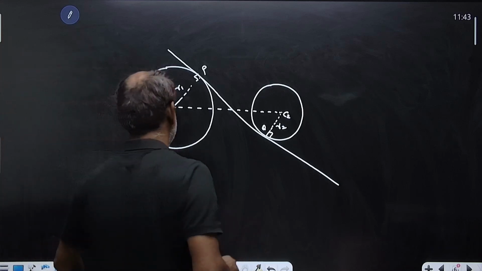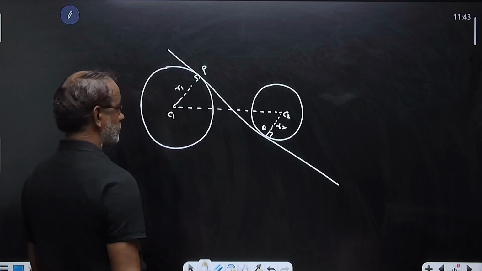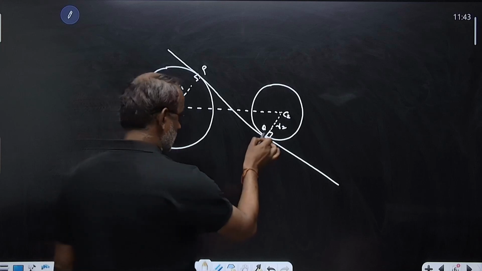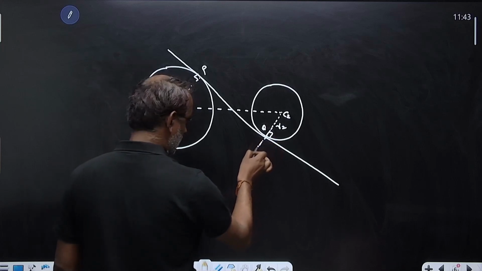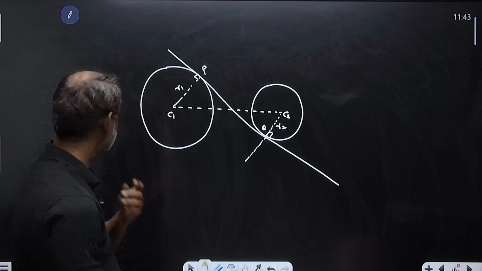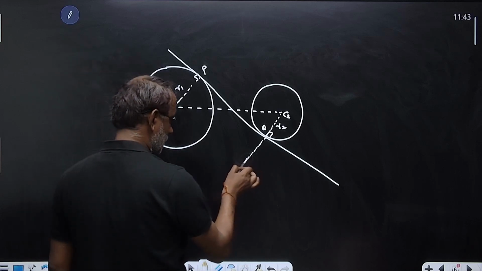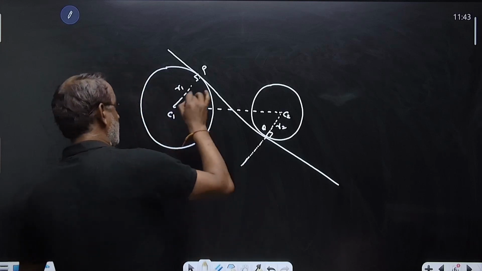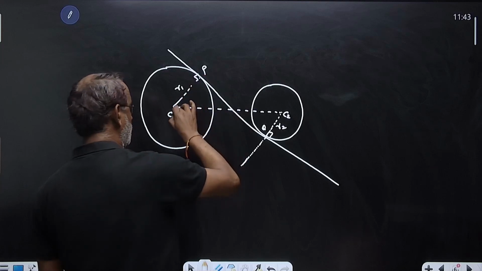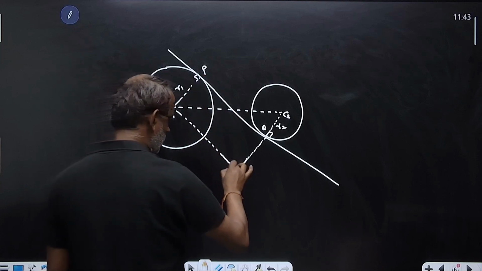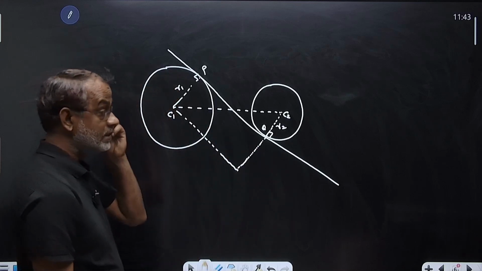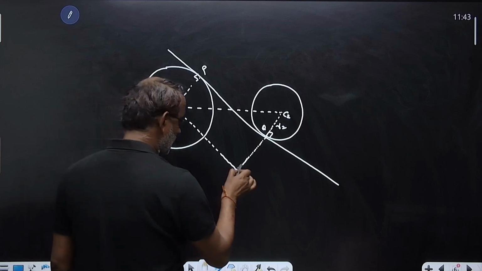Now what we do is that let us extend it. Okay, fine. Say this is R2, we extend it like this, and then we draw a line parallel to the tangent, so parallel to PQ. So since it is parallel to PQ, this angle is going to be 90 degrees.